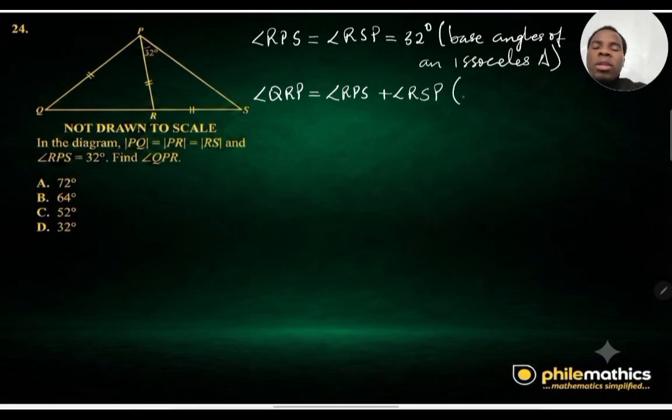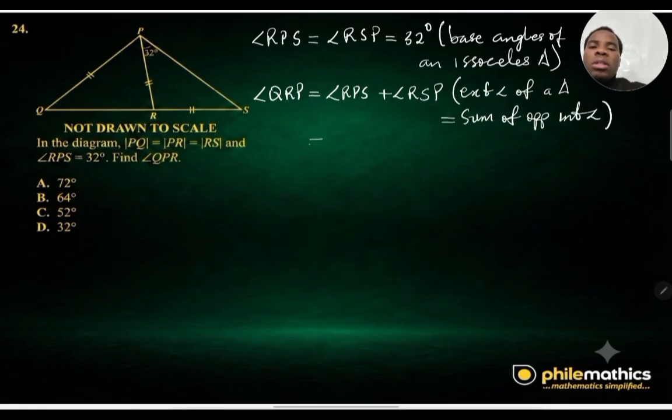The reason is simply the exterior angle of a triangle equals the sum of opposite interior angles.